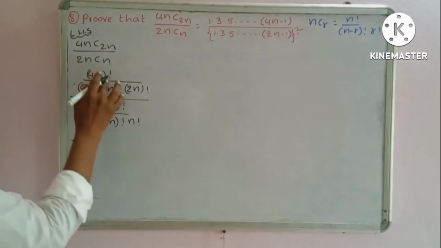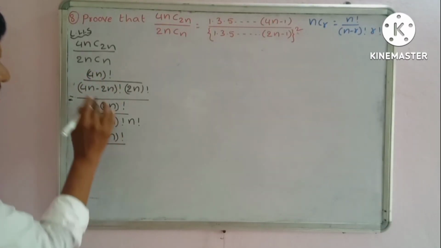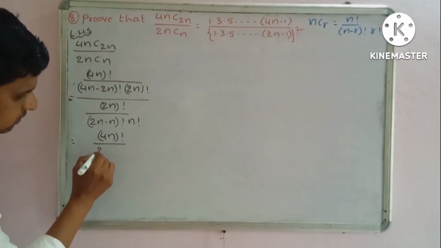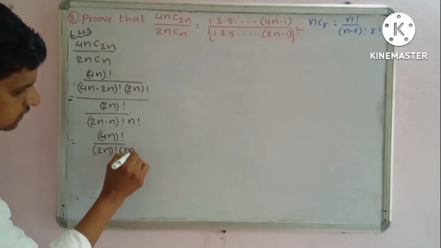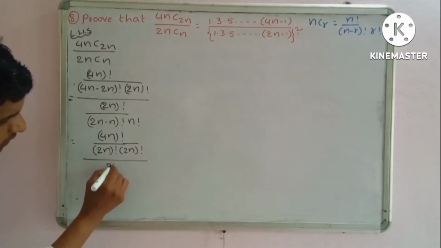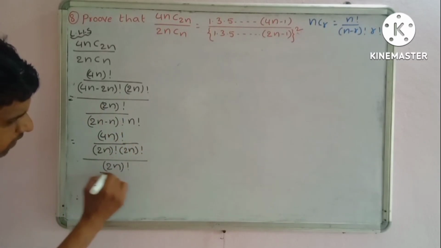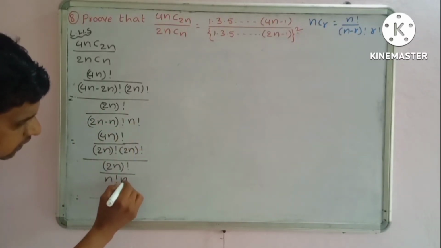That equals 4n factorial by 2n factorial, here also one more 2n factorial, by 2n factorial by n factorial into n factorial.